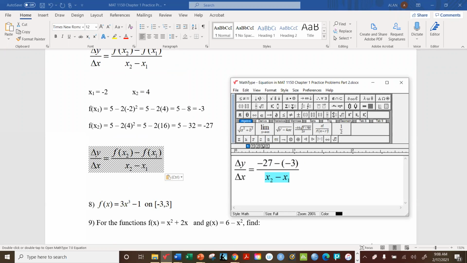And then we have 4 minus a minus 2. So this numerator is actually negative 27 plus 3. Down here we have 6. So we end up finally with negative 4.